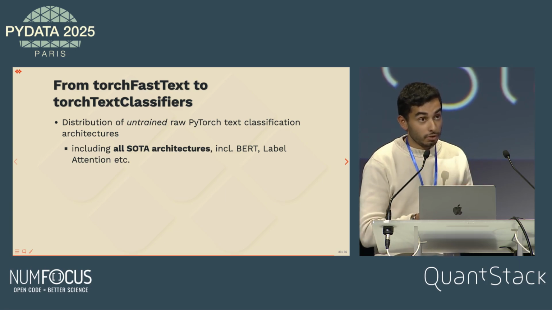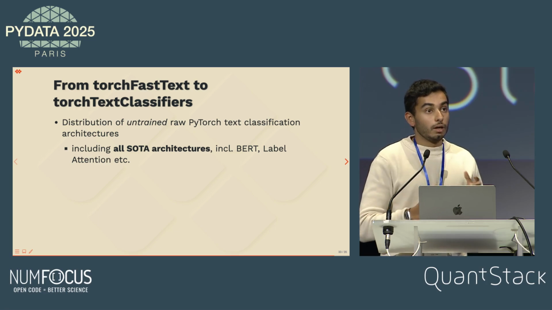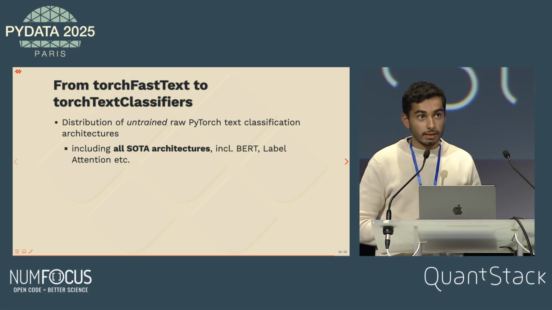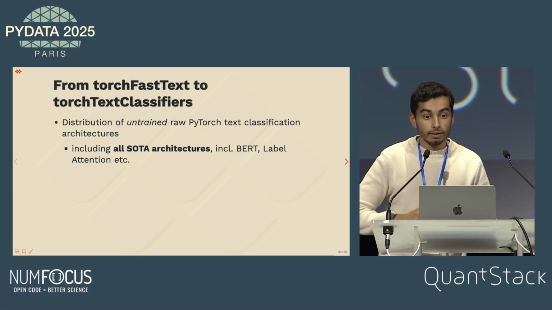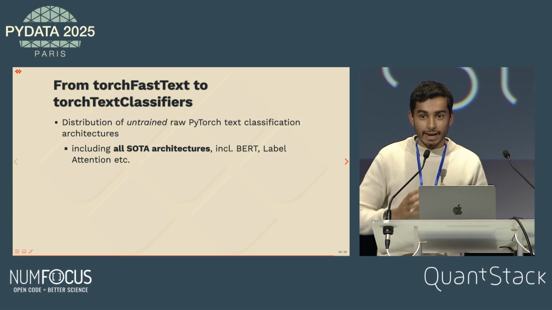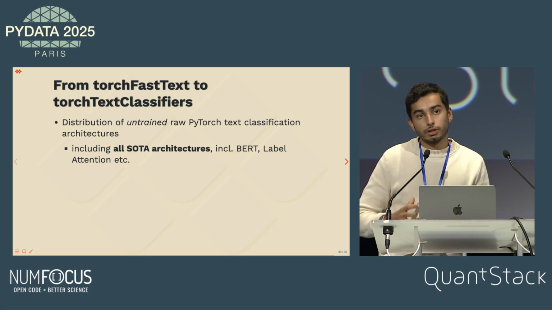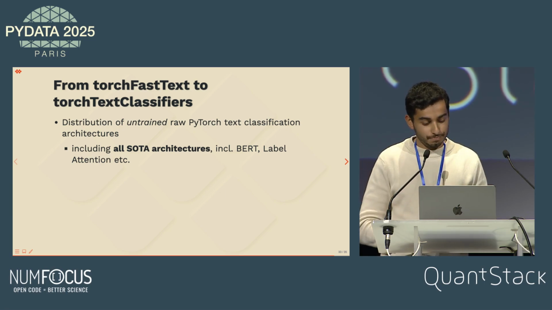So we want to distribute all sorts of architectures, including BERT, label attention with fastText, and so on. So at the end of the day, what we really want to do is to offer a toolkit to distribute any text classification architecture for easy training and easy deployment.